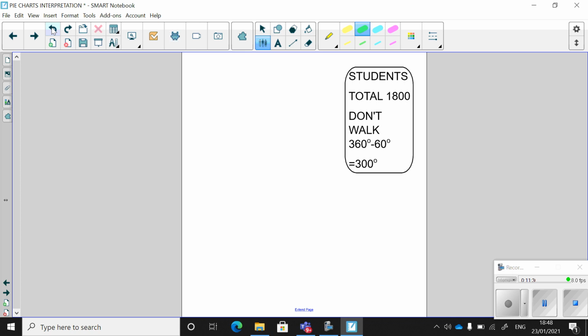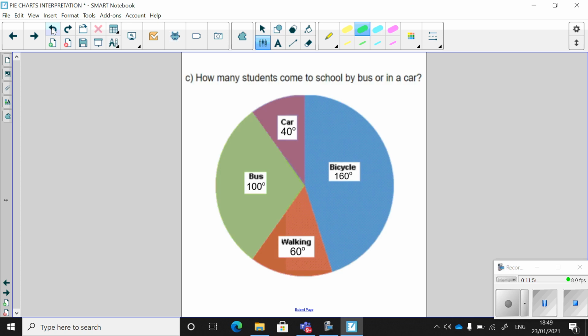So again, it's going to be angle of interest 300 divided by 360 times the total. There you go. Calculator time. What are we going to get here? Oh, 1500. Oh, there you go. Fandabidozy. There you go.